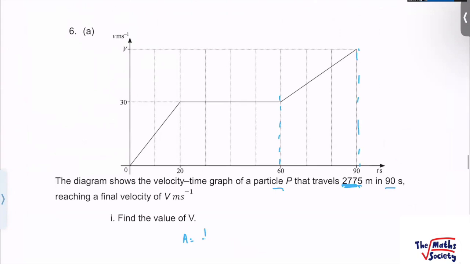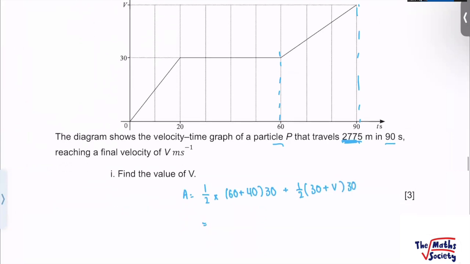So the first trapezium is half multiply 60 plus 40, and that's 30. And then plus half multiply 30 plus v, and that's going to be 30 as well, 90 minus 60.